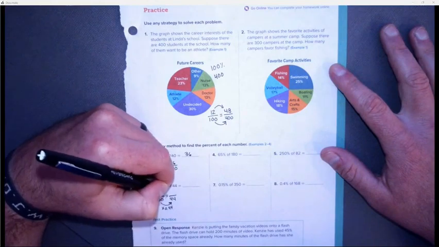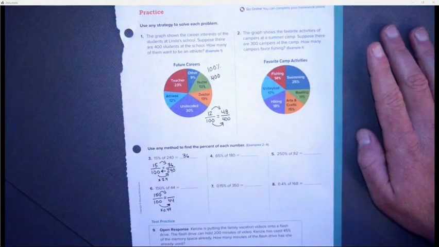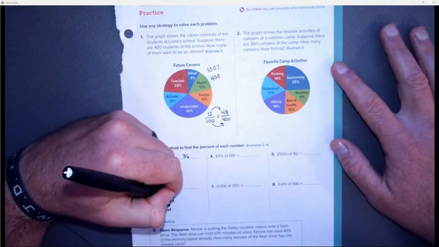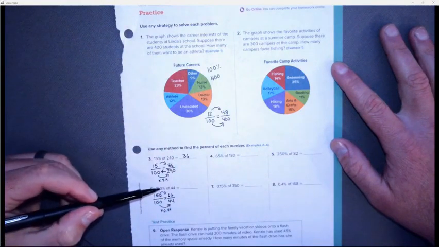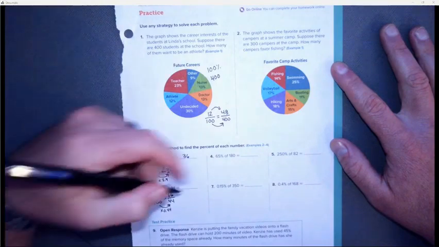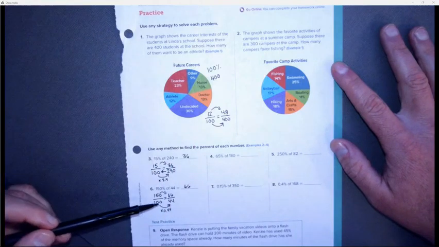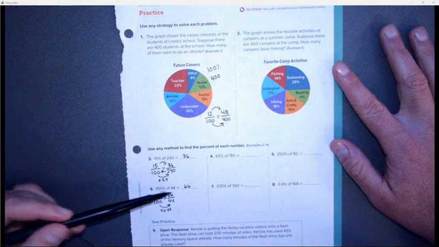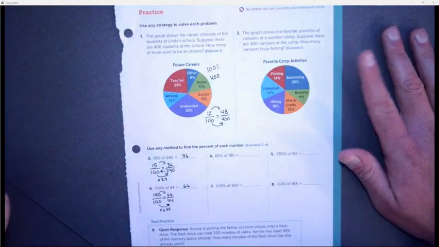So I will do the same to the top. 0.44 times 150, and that gets me 66. So 66 is 150% of 44. And like we said earlier, we know this will be higher than our number because 150% is greater than 100%.